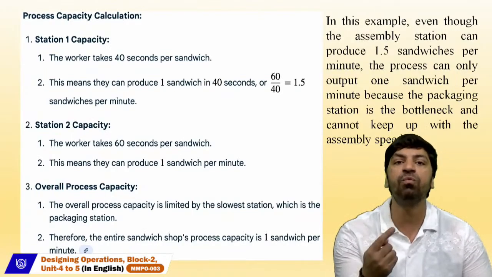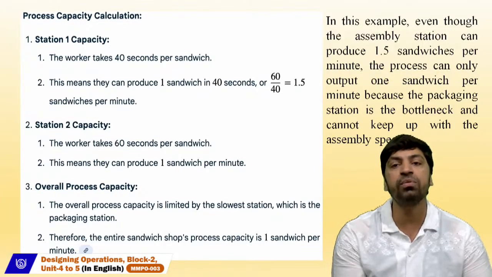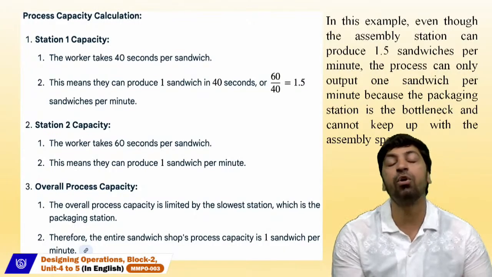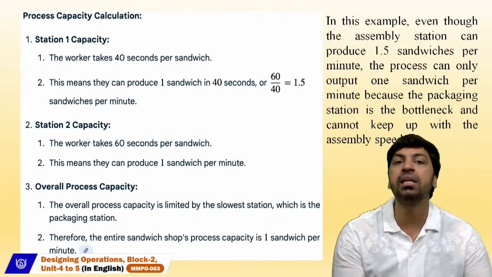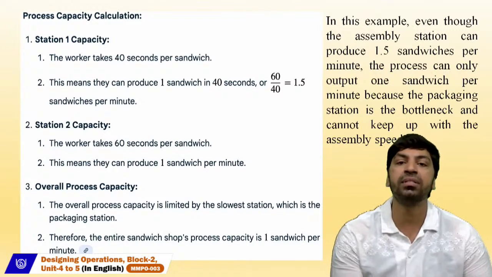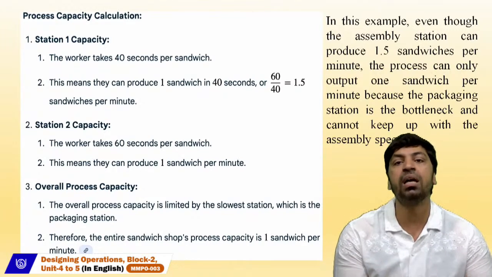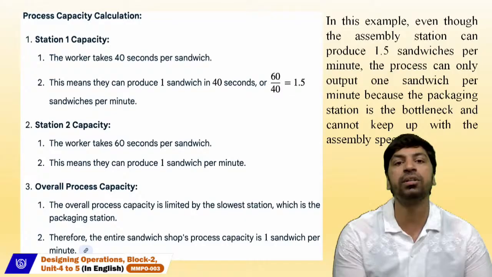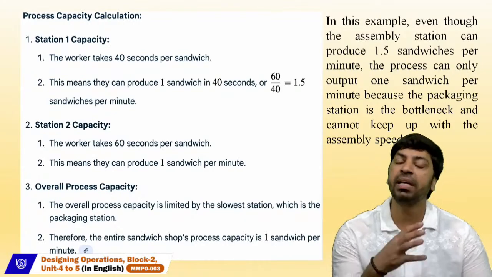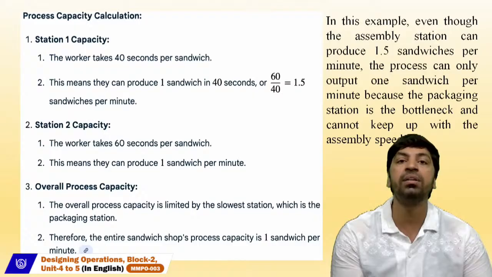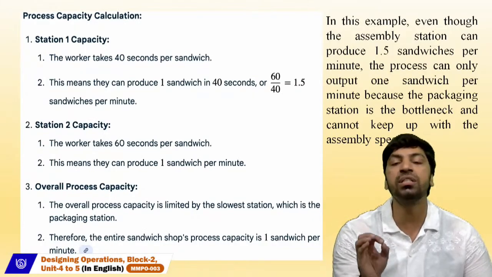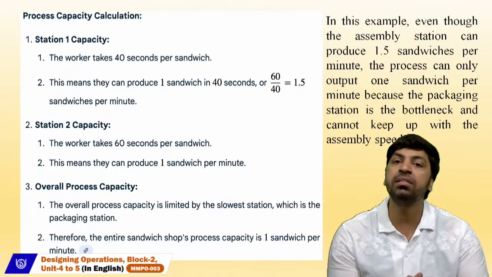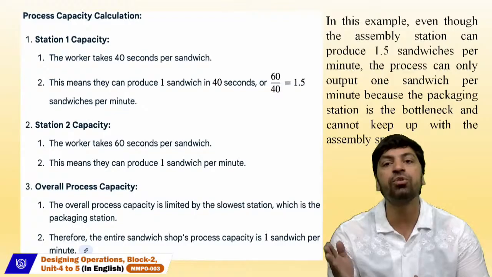Station 1 produces 1.5 sandwiches per minute, but the overall process capacity is limited by the limiting resource, which is the packaging station, at one sandwich per minute, because process capacity is calculated on the basis of a per unit time period.